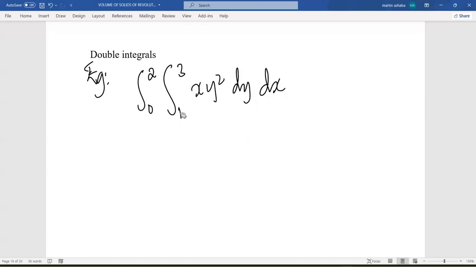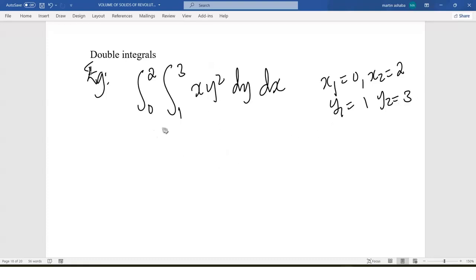So that means here x1 is equal to 0 and x2 is equal to 2, then y1 is equal to 1 and y2 is equal to 3.